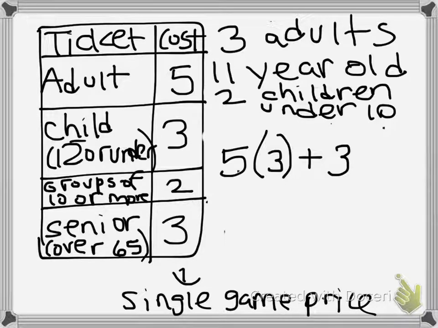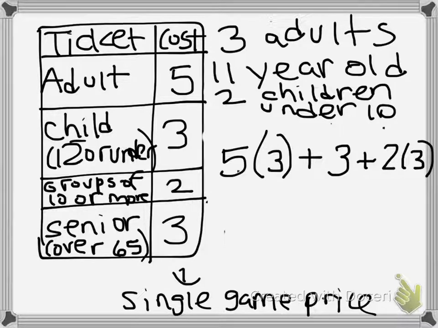Then there are 2 children under 10. And children under 10 are also considered children. So we have 2 more children that are $3 each. So, we've written out our expression.